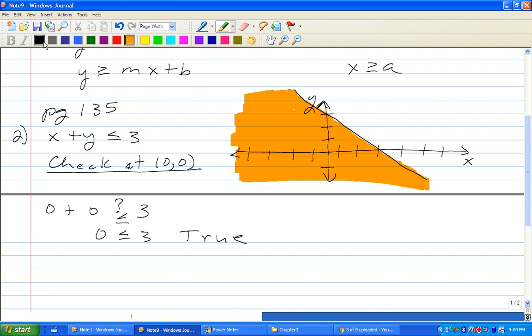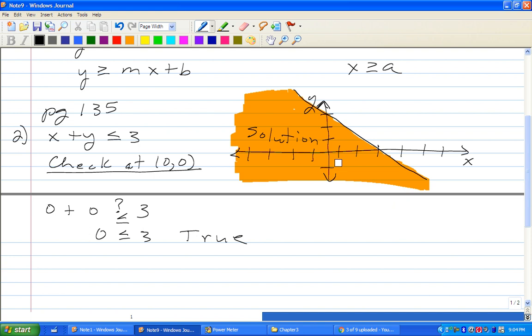So we shaded the side of this boundary line that contained the origin because the inequality was true at the origin.